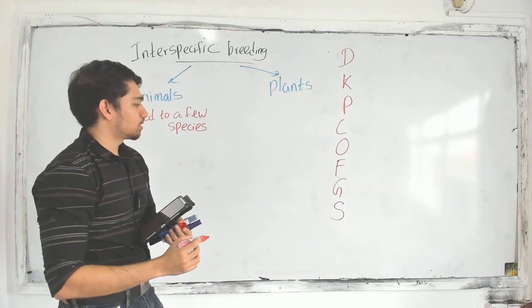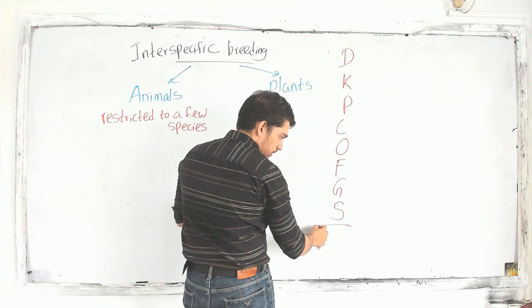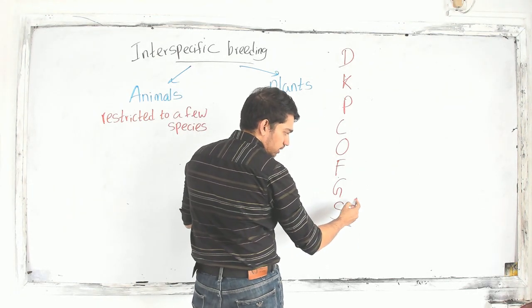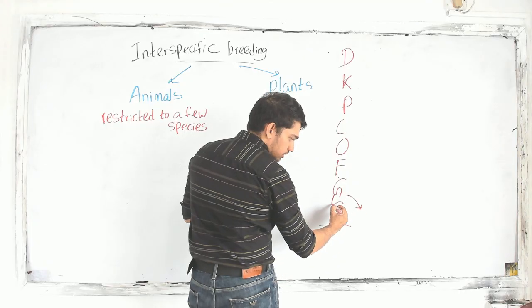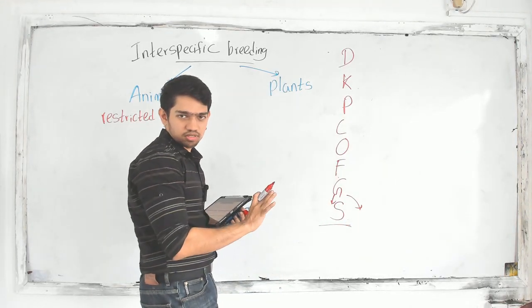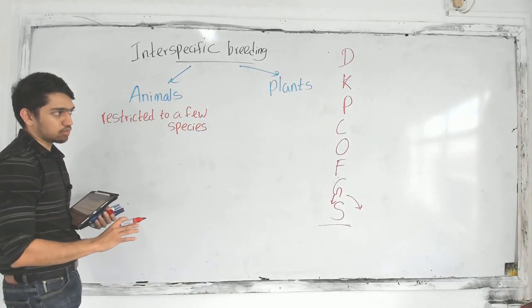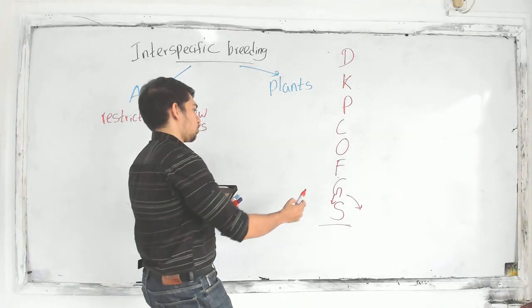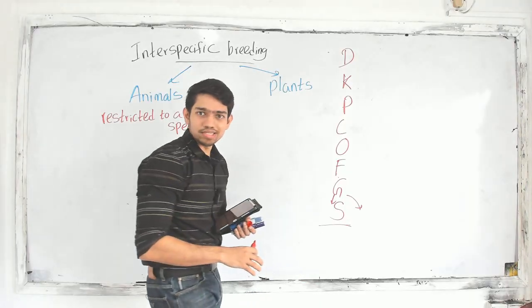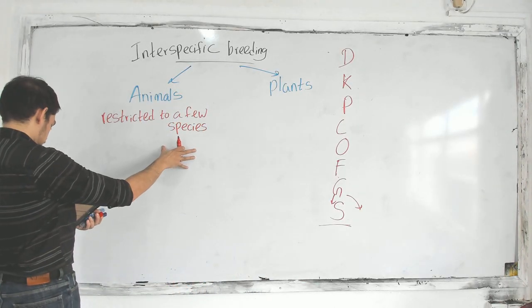We are crossing different species, and at least they have to be in the same genus. Otherwise it won't be successful. You can't cross animals of different orders or different families, very unlike each other. So it's restricted to a few species.